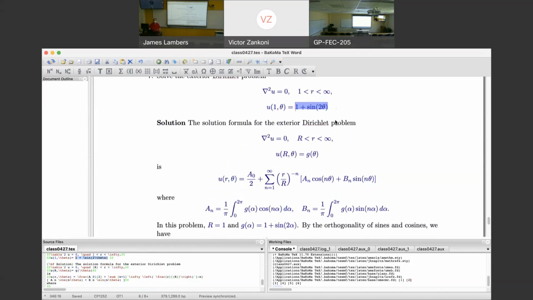For these kind of problems, that's the only thing you have to check, because as long as your solution is of this form, for whatever constants, A's, B's, or C's and D's, it already is guaranteed to be a solution of Laplace's equation. You don't have to worry about that part. Just making sure it satisfies the boundary condition. So really, that's where all the work stems from, because you're already able to use this as your starting point.